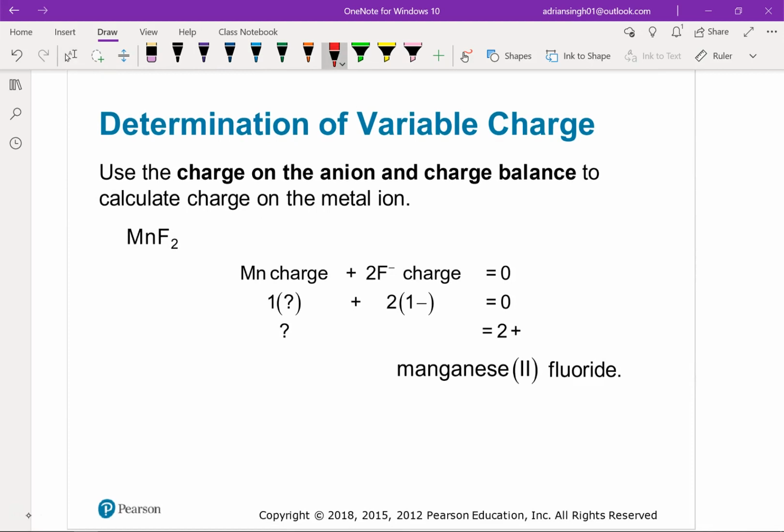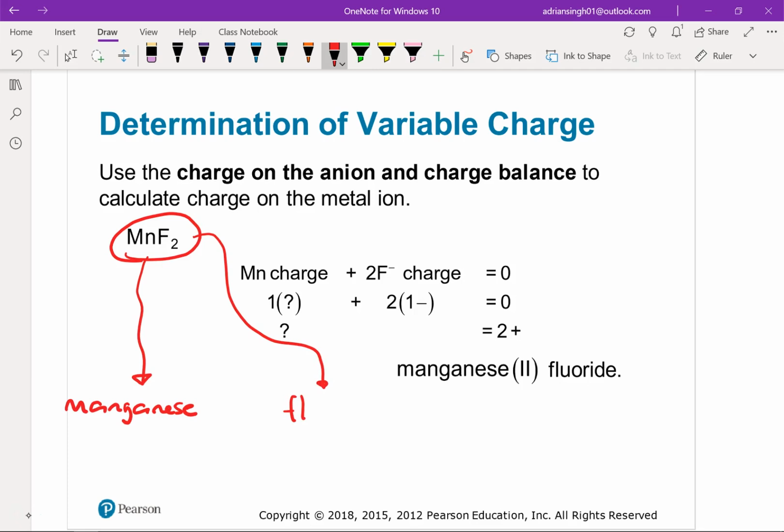All right, so we'll take a look here at MnF2, and I'll walk you through how this works. If we have to name this, as we've named it before, the metal goes first. So Mn is not magnesium, it's manganese. And then F here, that's fluorine, and as a last name, fluorine is fluoride.